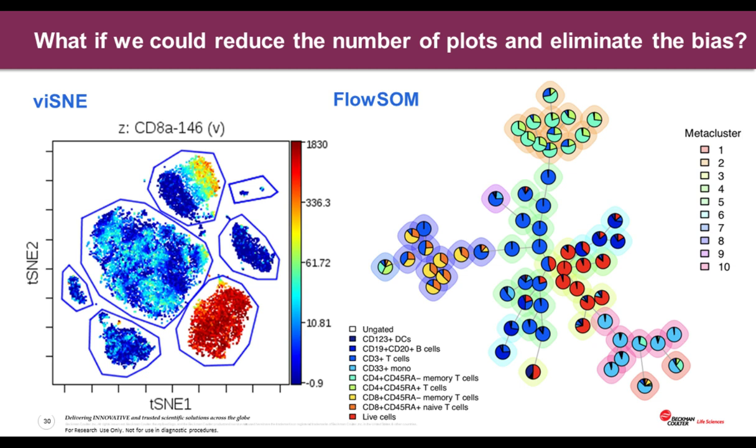So what if I told you that we could actually reduce the number of plots and eliminate the bias? And it's quite simple. There are algorithms that can do so. What if I told you that all of these plots that you're seeing here, we can simply convert into this beautiful one viSNE plot that separates our populations based on these islands and segregates them out based on likelihood.